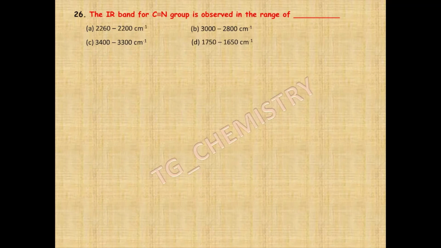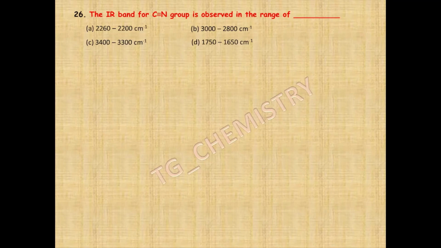Next one is the IR band for C triple bond N, that is cyano or nitrile group, is observed in the range of, options are A 2260 to 2200 centimeter inverse, option B 3000 to 2800 centimeter inverse, option C 3400 to 3300 centimeter inverse, and option D 1750 to 1650 centimeter inverse.